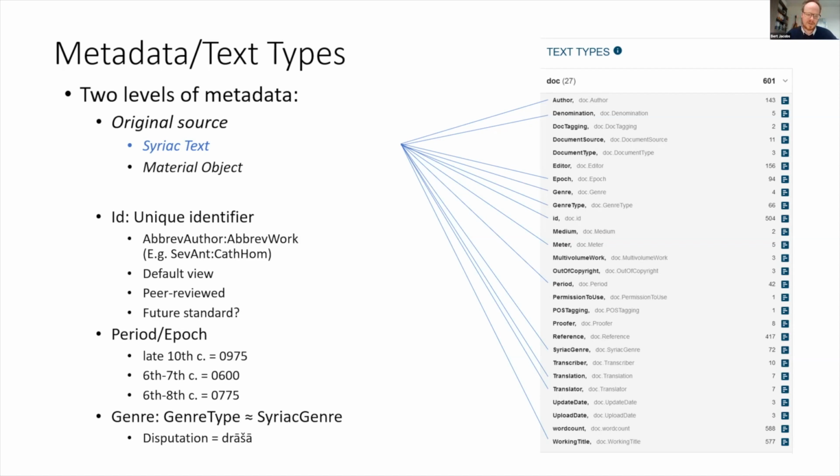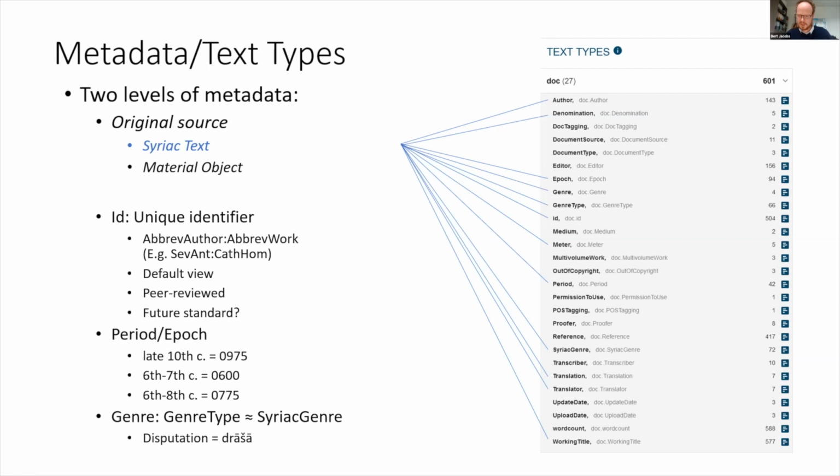So for instance, under genre type you have disputation, and this corresponds to Syriac genre. As you see, there are slightly more items for Syriac genre: we have 66 elements for genre type, and 72 for Syriac genre. So it may be more refined using Syriac genre, but this depends on what you're looking for.